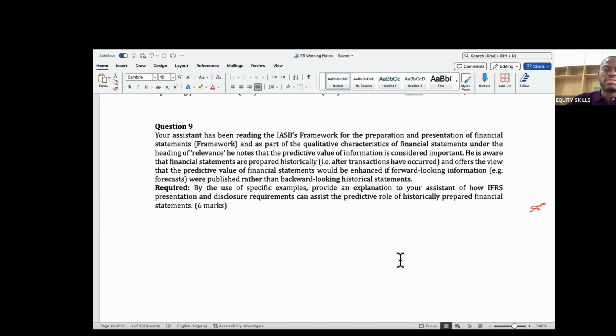Required: by the use of specific examples, provide an explanation to your assistant of how IFRS presentation and disclosure requirements can assist the predictive role of historically prepared financial statements, 6 marks.